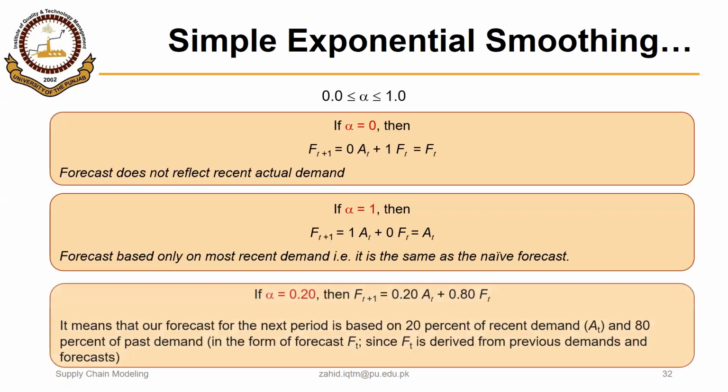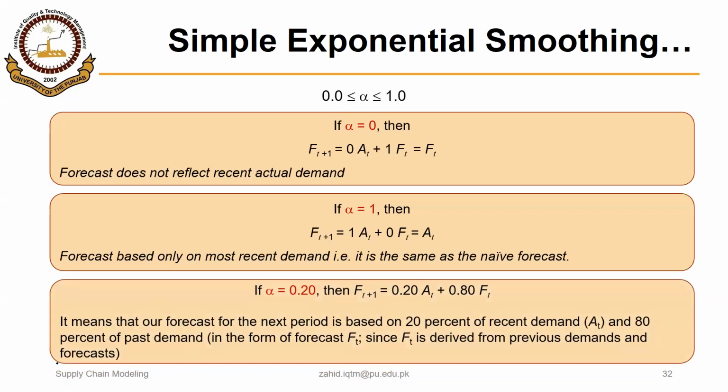So once again, we focus on the same point. If alpha is 0, our formula will turn out to be, that was our formula: forecast for next period is alpha times actual demand of the recent period plus 1 minus alpha times forecast for the recent period.